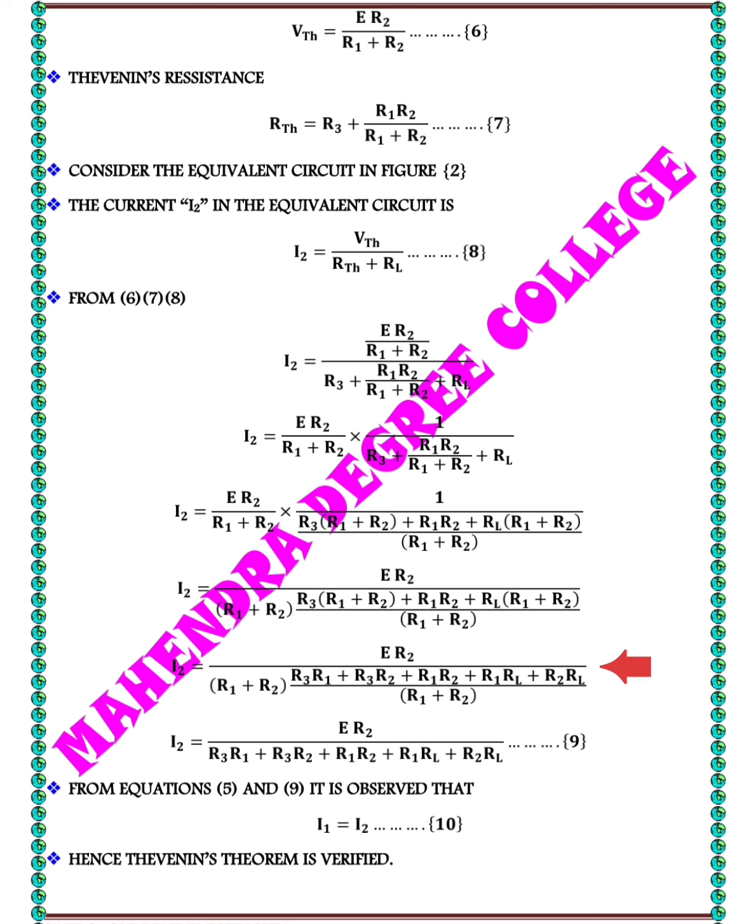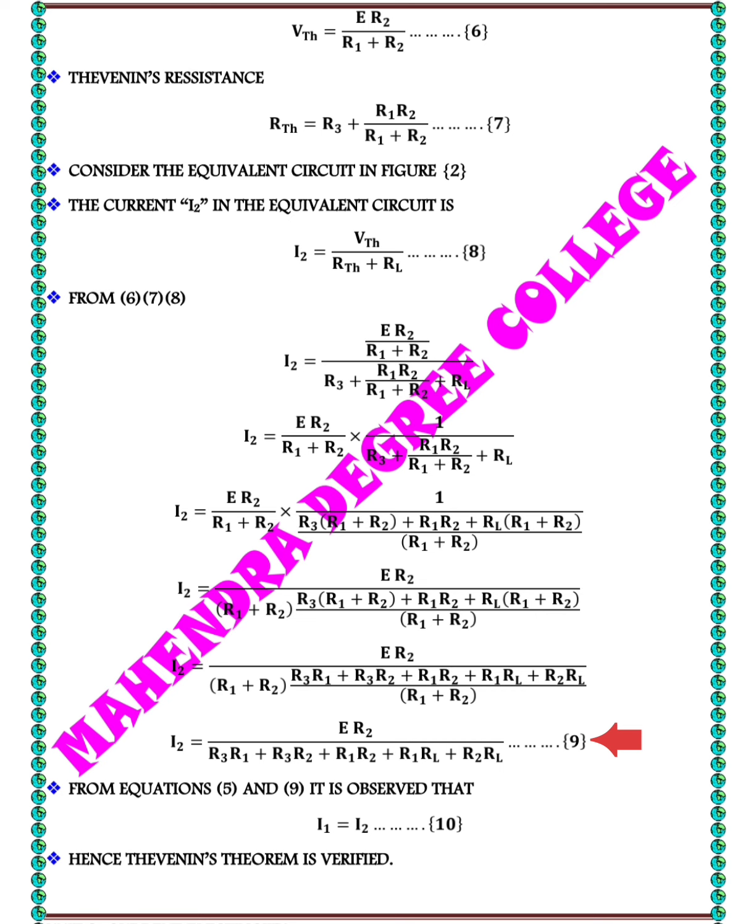We write the above equation. I2 equals ER2 by R1 plus R2, R3 R1 plus R3 R2 plus R1 R2 plus R1 RL plus R2 RL by R1 plus R2. Here R1 plus R2 and R1 plus R2 are cancelled.